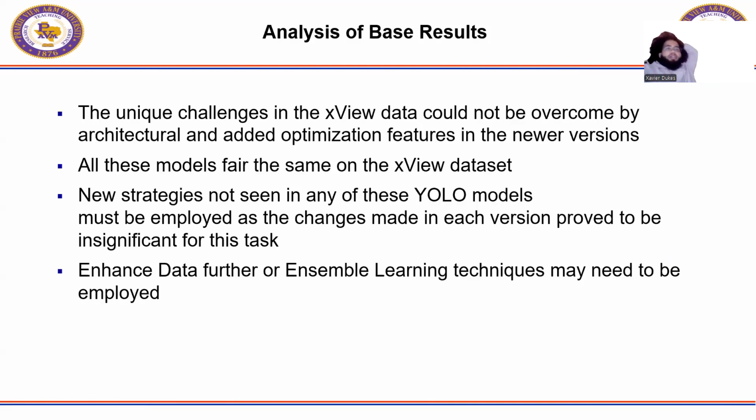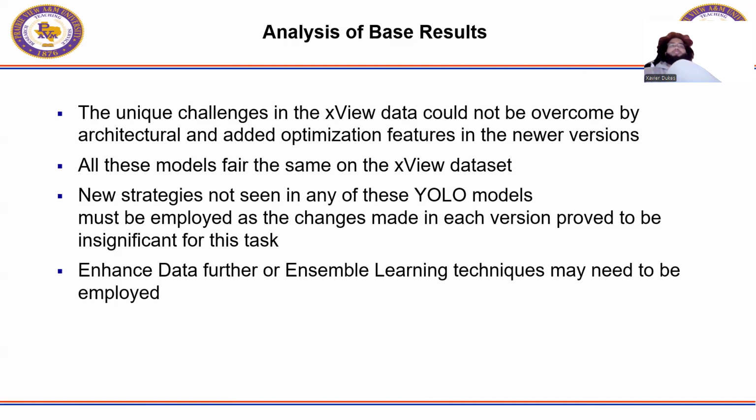All right. The analysis of the base results: the unique challenges in the XView data could not be overcome by architectural and added optimization features in the newer YOLO models. All these models fare relatively the same on the XView data. New strategies didn't produce any statistically significant change from model to model.